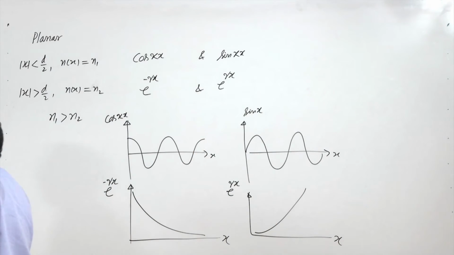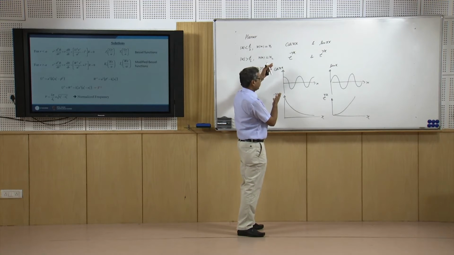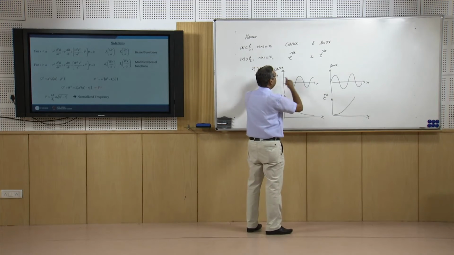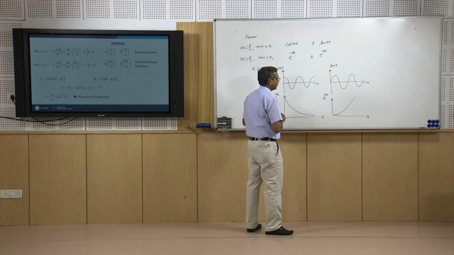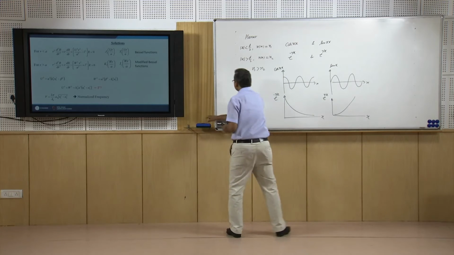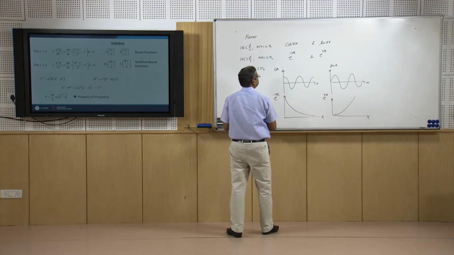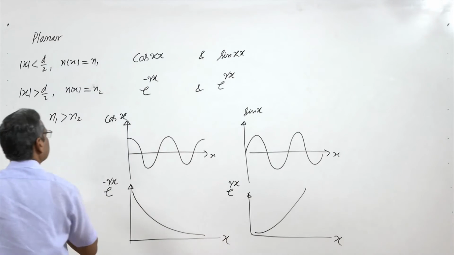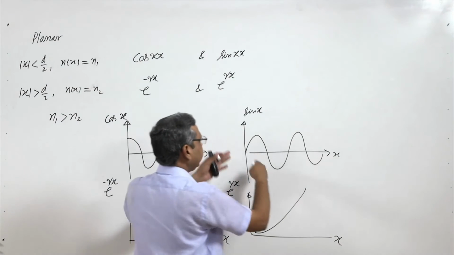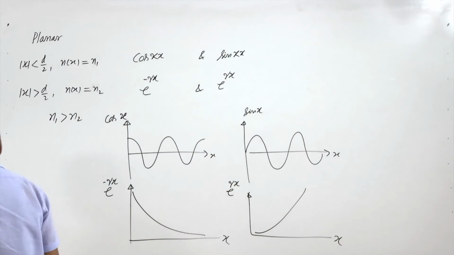So, let me treat them just as labels. If there is this kind of variation I label this as cosine x, and if the variation is like this, then I label it as sine x.